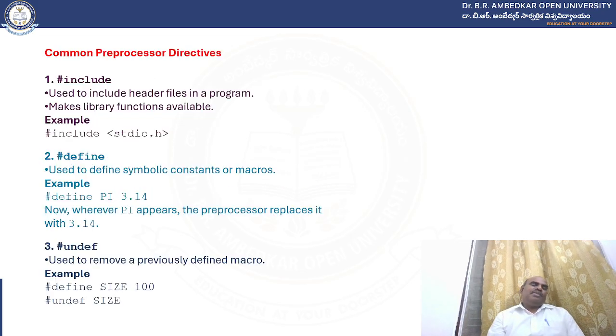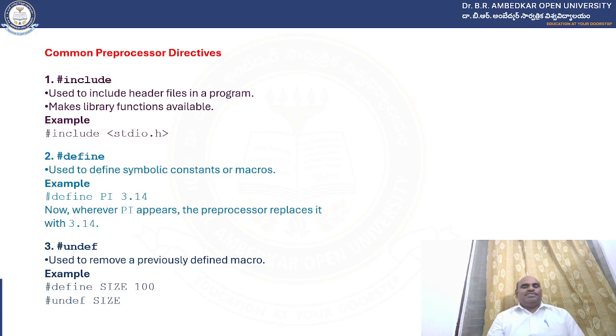Next, what are the common preprocessor directives? Many are there, but I will tell you only the main ones. Commonly used preprocessor directives in C programming are three.